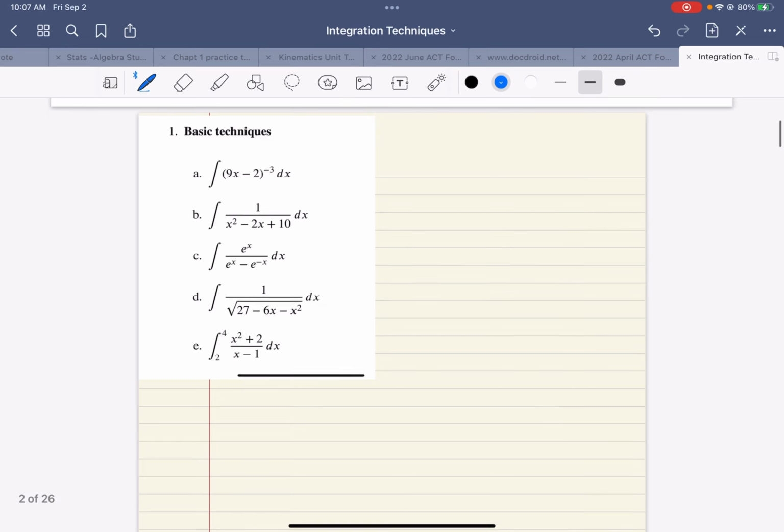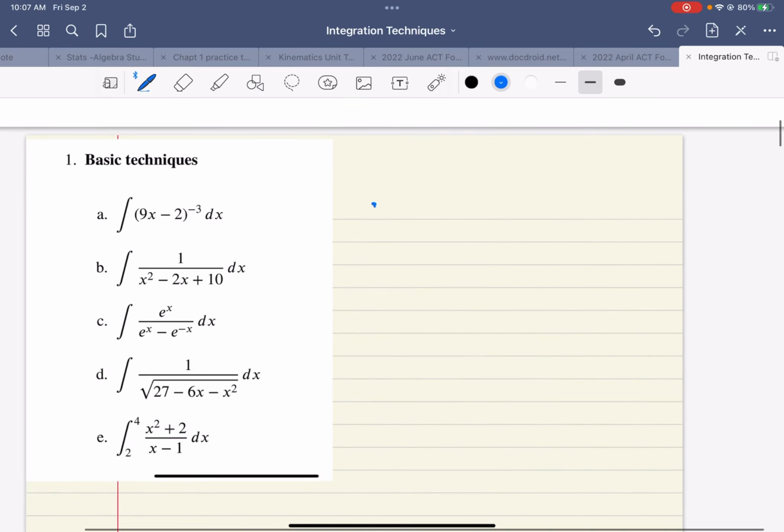Now, C. So here, e to the x over e to the x minus e to the negative x dx. So for this one, the best way is to change the form. So why don't I multiply e to the x top and bottom? See what happens then.